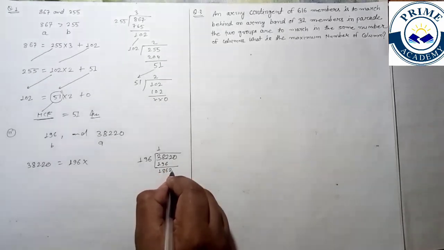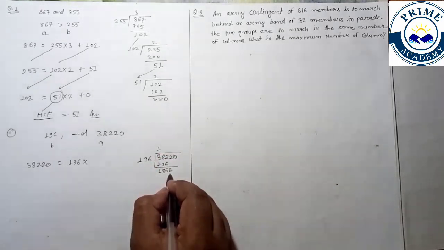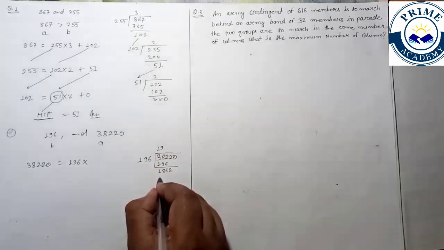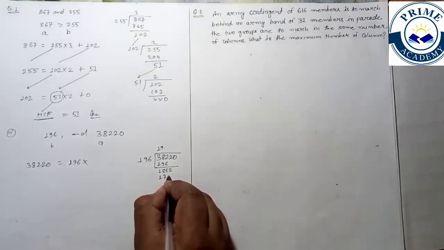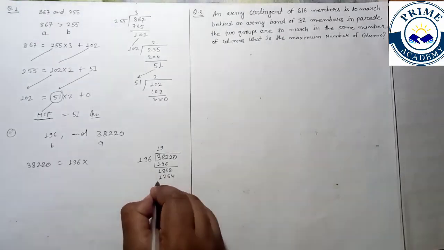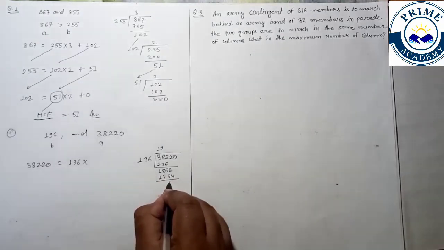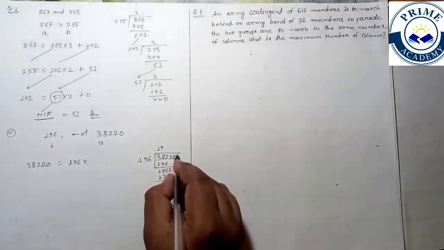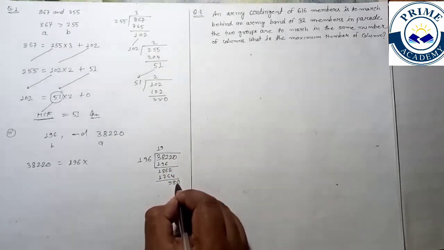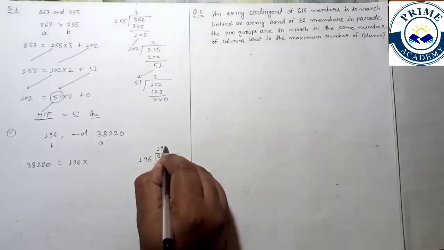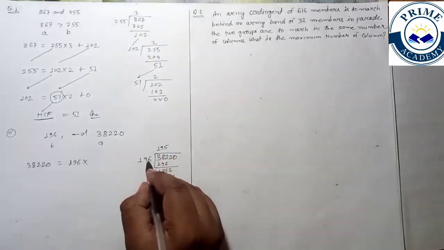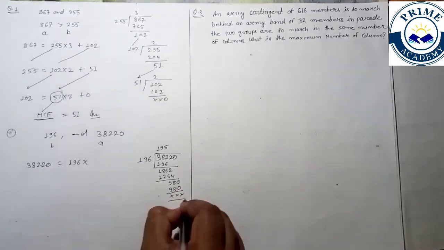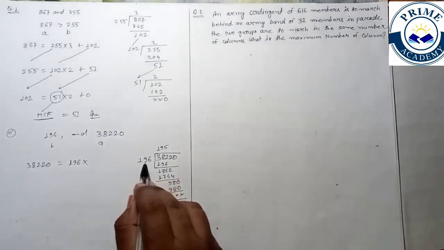Bring down the next digit, and you can take 9. You will get 1764. So what is remaining? Remaining is 118. Bring down the 0 here, and when you multiply by 5, you will get 980. That means it is completely divisible.